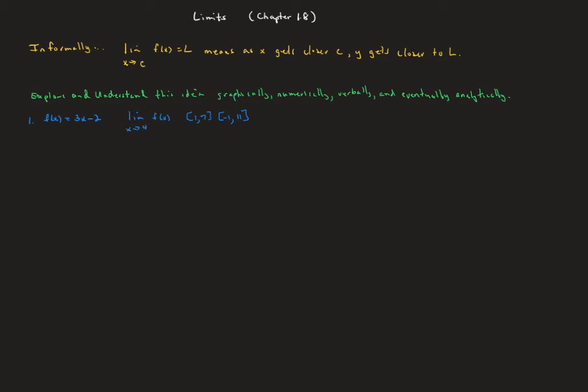We'll still do the limit as x approaches 4. If you graph this on your calculator, I think you know what it's going to look like. It's going to have a y-intercept of -2 and a slope of +3. So the line is going to be crossing the y-axis at -2, and it's going to be fairly steep.